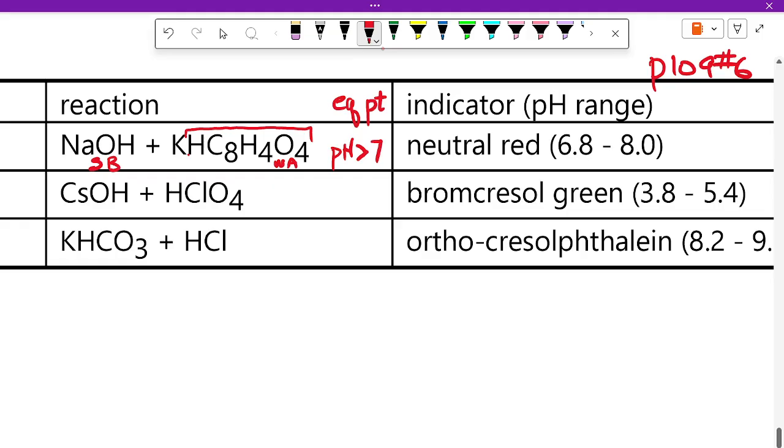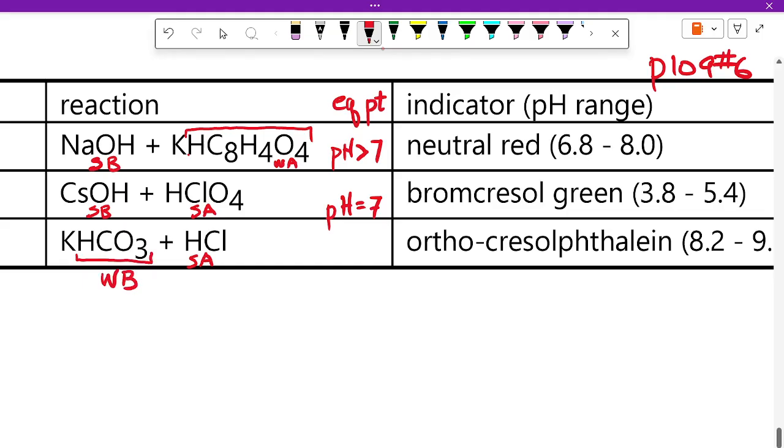How about cesium hydroxide? That is a strong base, and HClO4 is a strong acid, so that will change at pH equal to 7. And then finally, we have a strong acid, and that must mean that this part here is acting as a weak base.